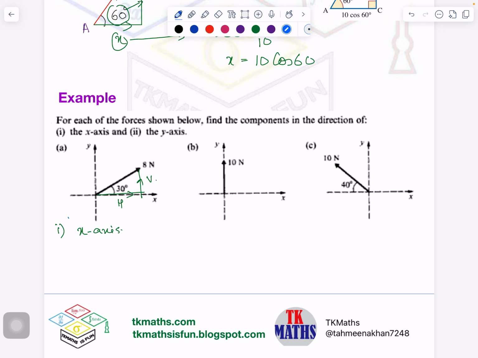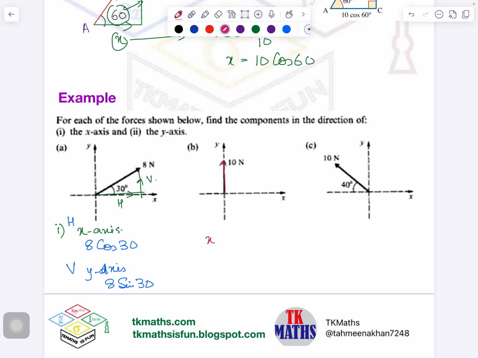Along the x-axis, which is horizontal resolving, it will be 8 cos 30. You can check the calculator answer. And vertically, along the y-axis, it will be 8 sine 30, right?